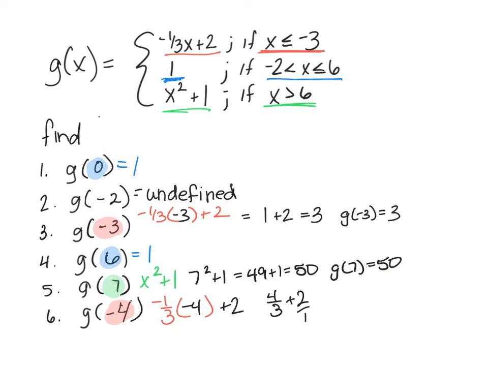Make that a fraction. Multiply by 3 to get a common denominator. So we get 4/3 plus 6/3, which is 10/3. So g of negative 4 equals 10/3. Okay.